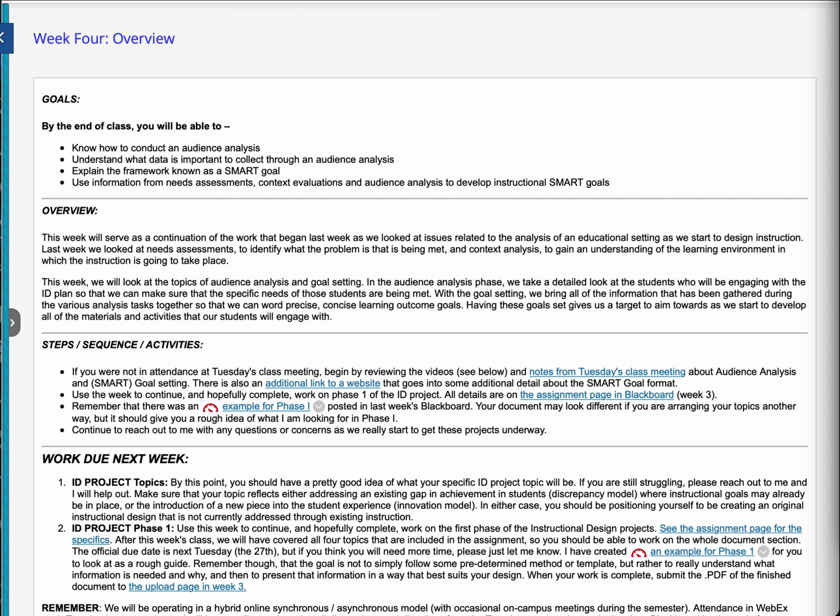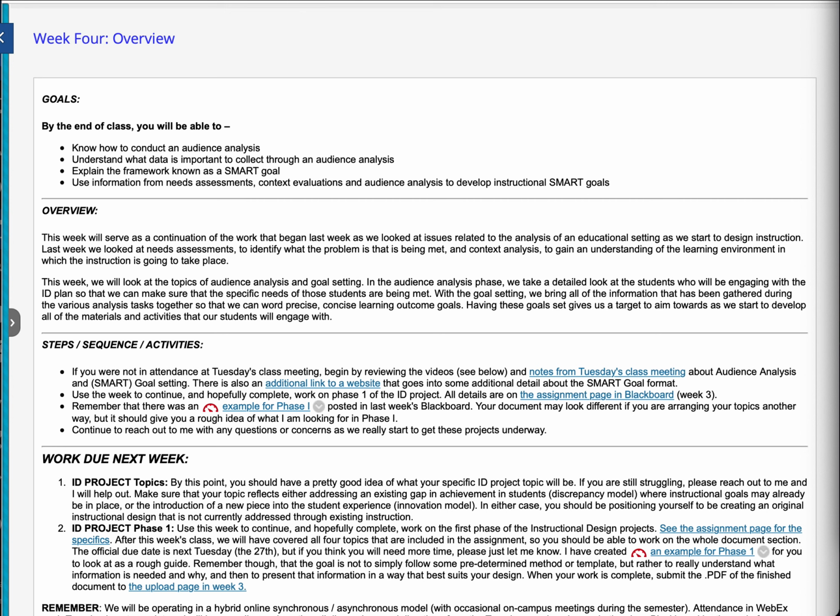And then starting next week, we will start looking at the actual instruction piece, and we'll be starting the planning phase where we'll be breaking down the goal that we've come up with into smaller pieces, figuring out sequencing, figuring out segmenting of the instruction, and then eventually that will lead us into the materials that we're going to need and so on. So that's our brief overview of things.